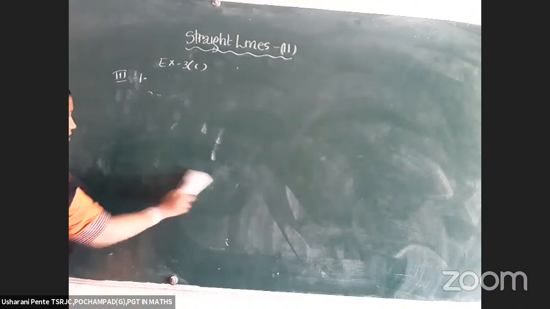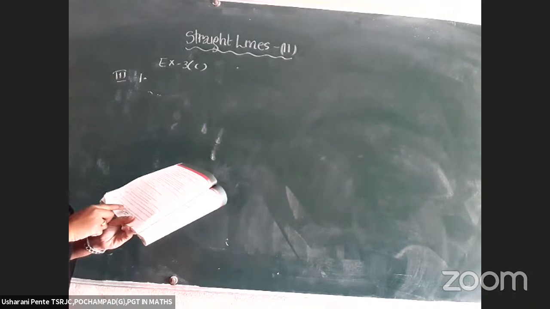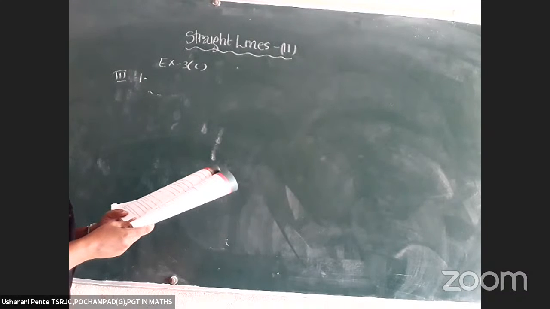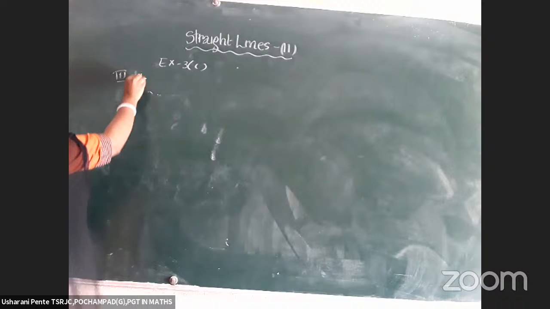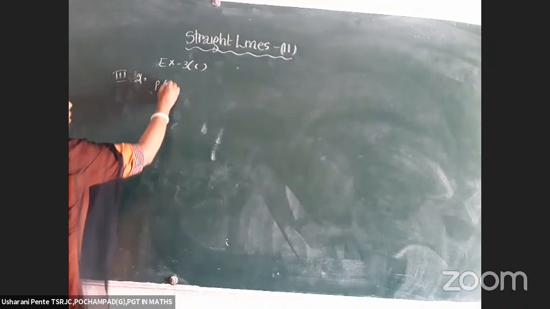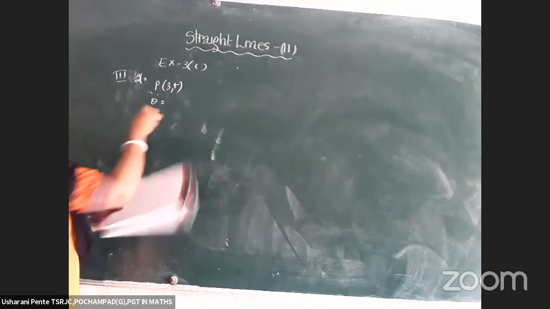The second one is a straight line through a point which makes an angle of 30 degrees with the positive direction of x. Find the coordinates of the point on the line which is 5 units away from P. There is a point 3 comma 4, making an angle 60 degrees with the x-axis.